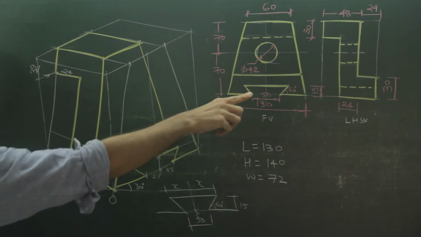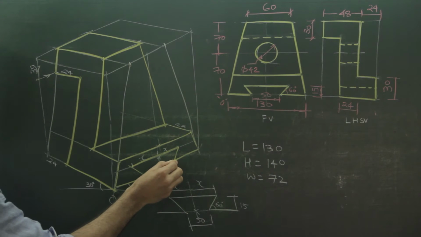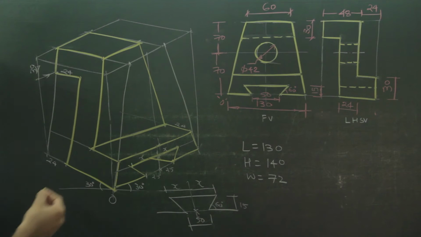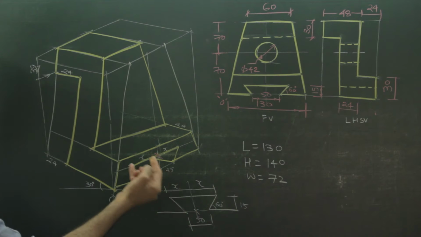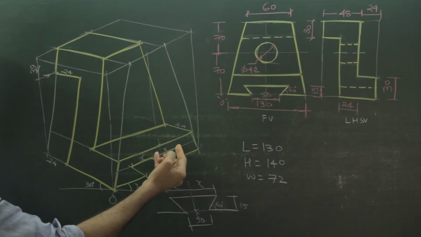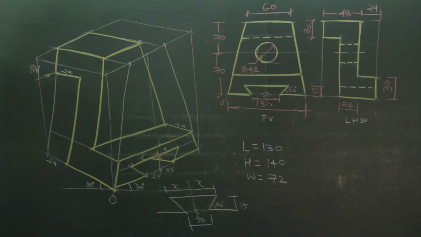And since the slot is going inside through and through, you'll have a line going through and through. All of you got this? So you take x from here, you cut here. You take x from here, cut here. Always remember, whenever you have an angular distance, you draw it outside and then you draw it inside.